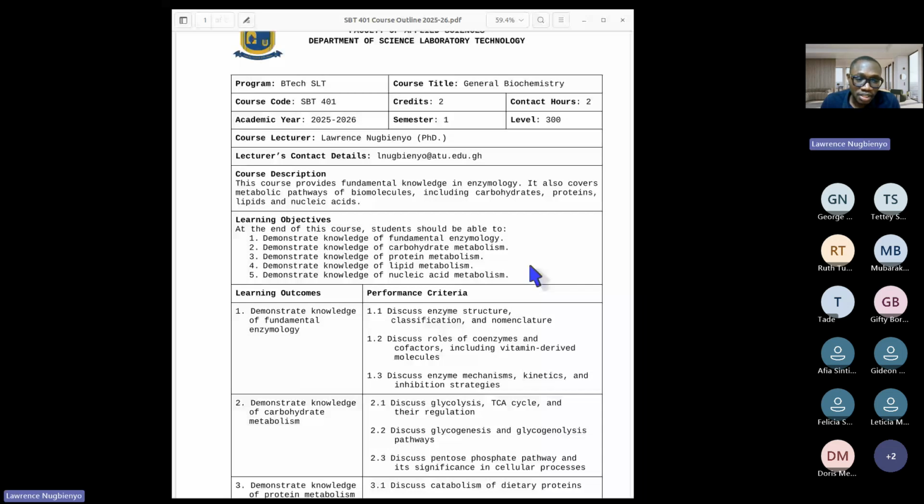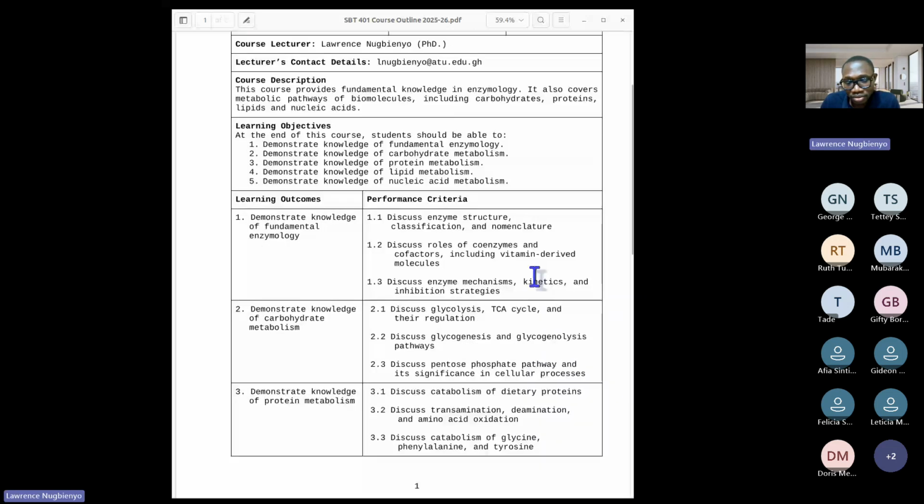Under each of these objectives, I try to break it down into 3 sub-objectives. Call it some performance criteria, where we'll be discussing the structure of enzymes. We'll look at classification and nomenclature of enzymes.